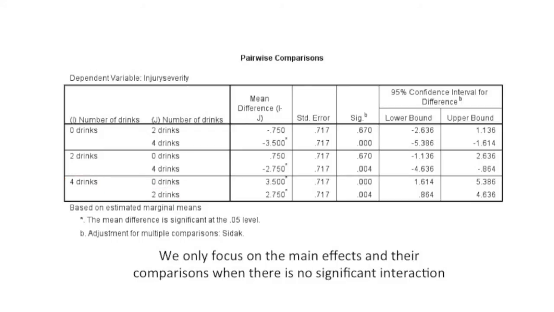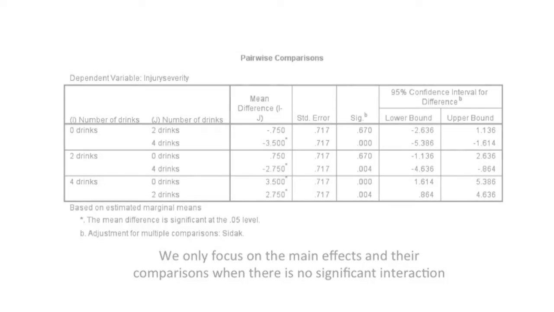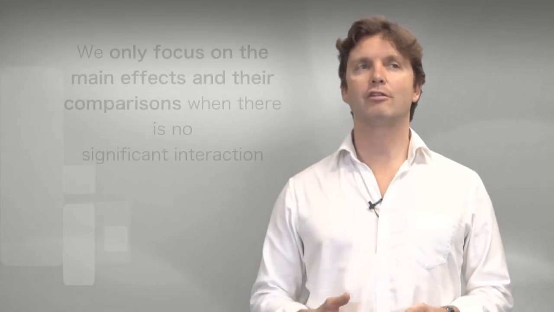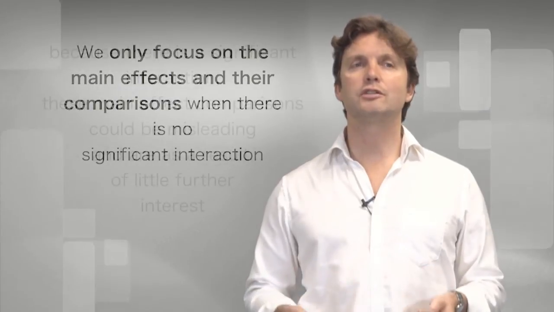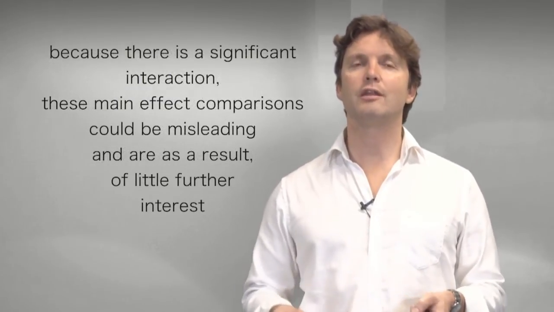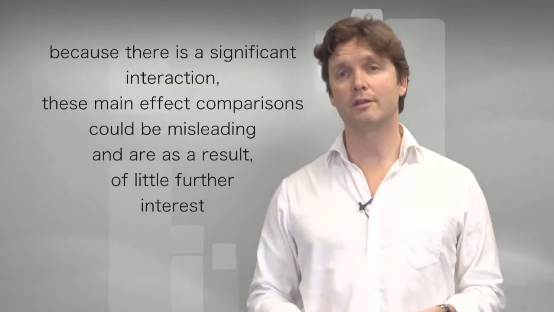So 4 drinks has a higher mean injury severity rating than those who drank 2 drinks. And we can also see that there's no significant difference between those who had 2 drinks and no drinks. Note that we've only focused here on the main effects and their comparisons when there's no significant interaction. In this case, because there is a significant interaction, these main effect comparisons could be misleading.